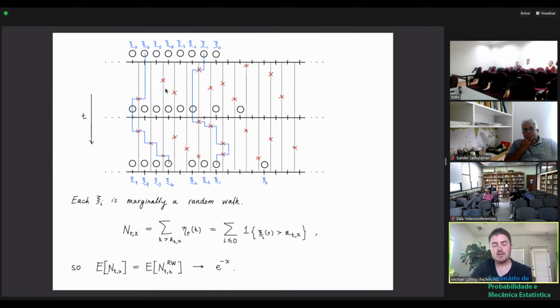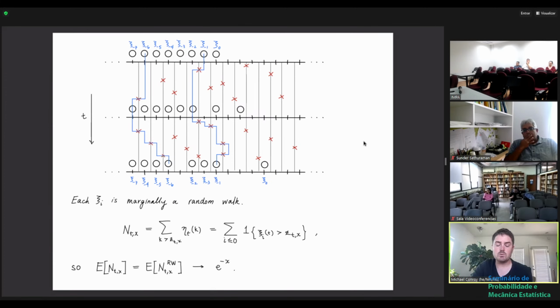And if we make all these switches, and then we look at what happens at the end, we see that the order is all stirred up, hence the name. And if we track the trajectory of a single one of these variables, tracking every time it switches over, this looks like the trajectory of a random walk, and in fact it is. So marginally, each of these is a random walk.